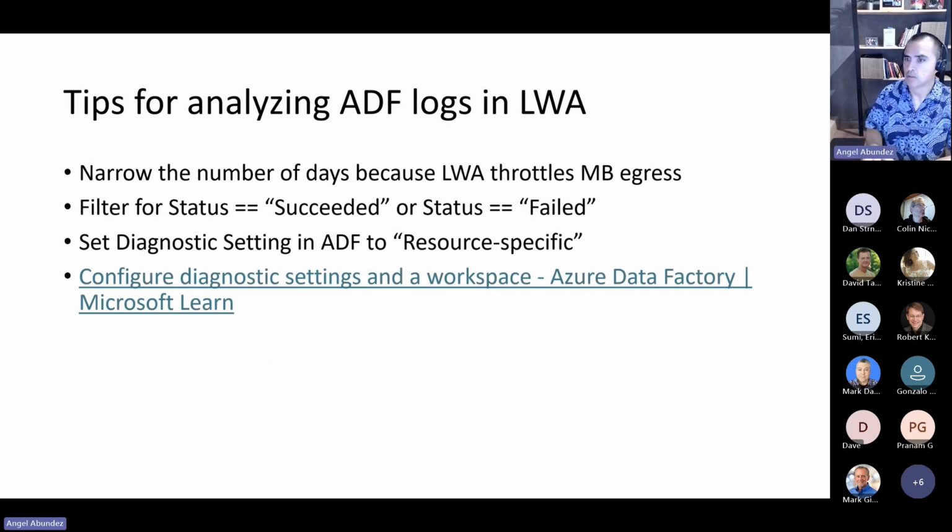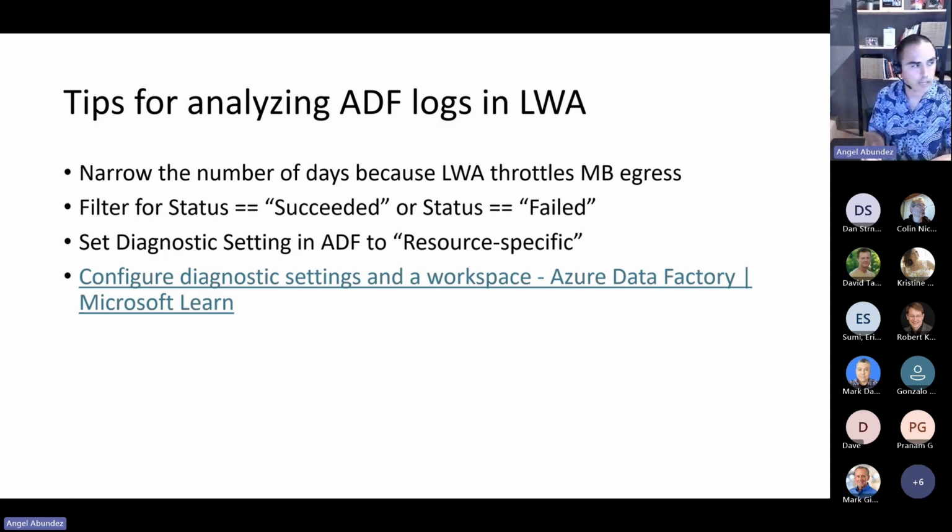So a couple tips on analyzing these logs because we ran into these things as we were trying to do this. You want to narrow the number of days depending on how much data volume you have in your logs. On our project, our sweet spot was 13 days.